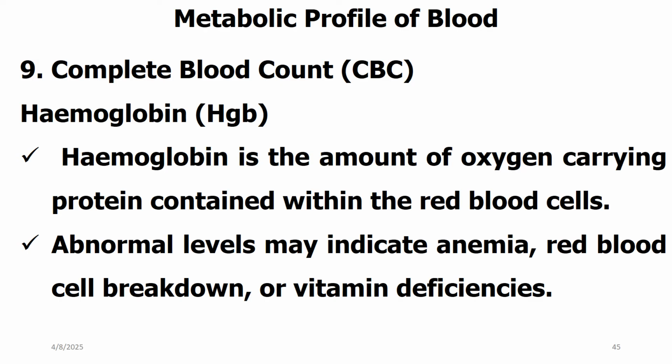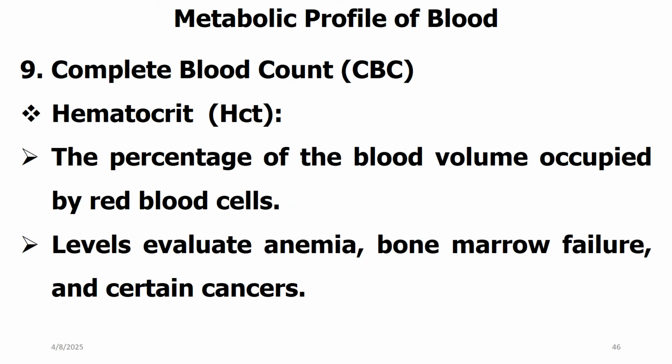Abnormal levels may indicate anemia, red blood cell breakdown, or vitamin deficiency. Now, hematocrit. It is the percentage of blood volume occupied by red blood cells. Levels evaluate anemia, bone marrow failure, and certain cancers.